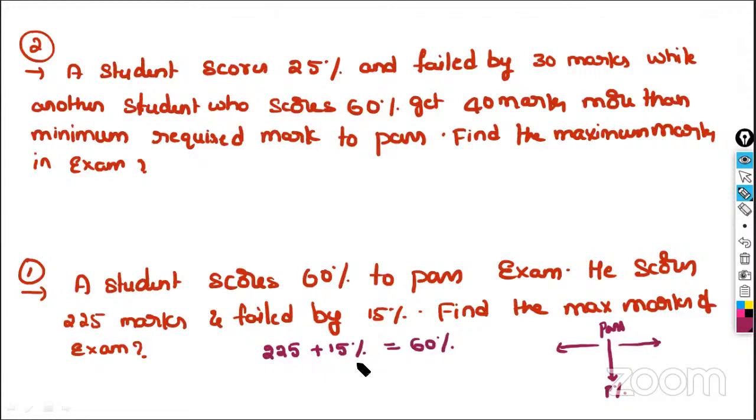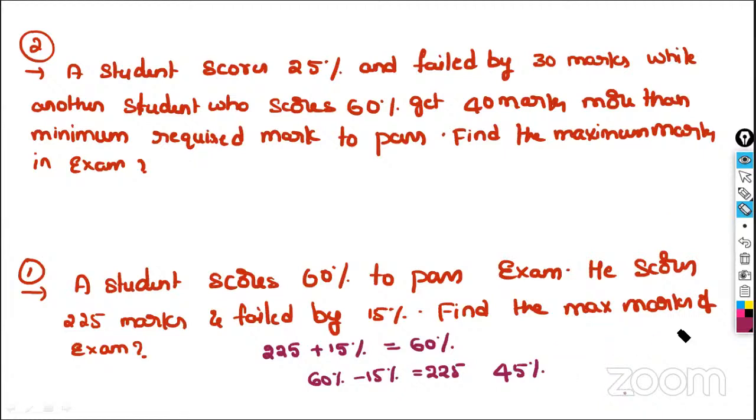Right? So now percentages on one side, values on one side. Plus 15% here becomes minus 15% on the other side. So that means 60% minus 15% equals 225, right? So 45% is 225.